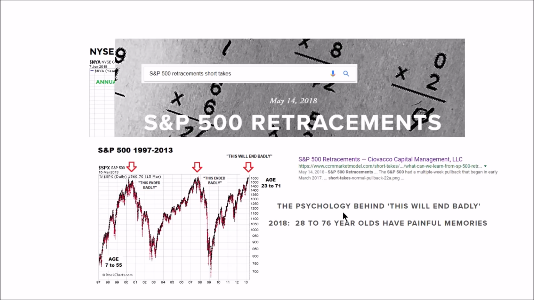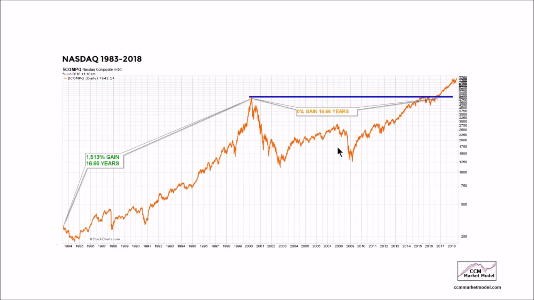From a psychological perspective, the long-term chart of the NASDAQ is also telling us to keep an open mind about better than expected outcomes. Contrast this 16.66 year period where the market made absolutely, positively no progress with this 16.66 year period that featured a gain of over 1,500%.